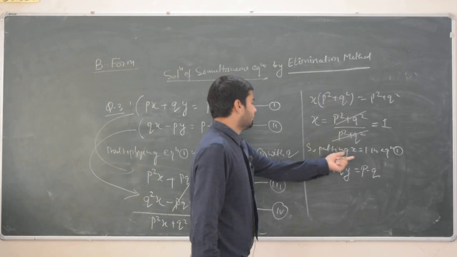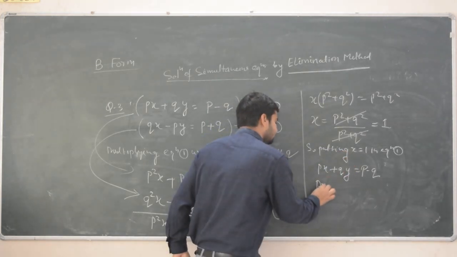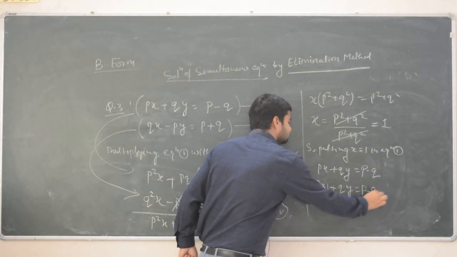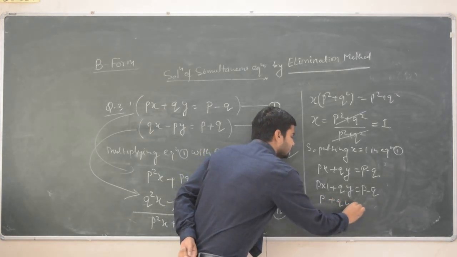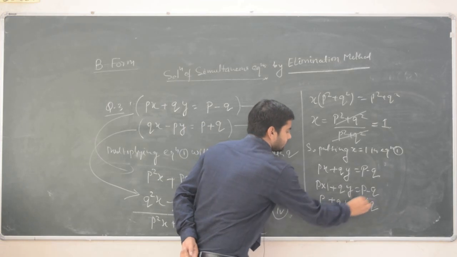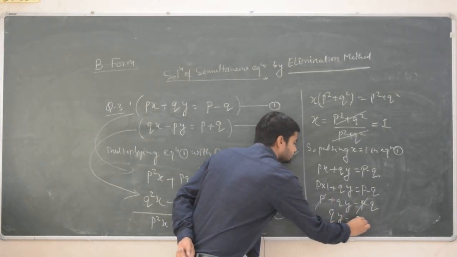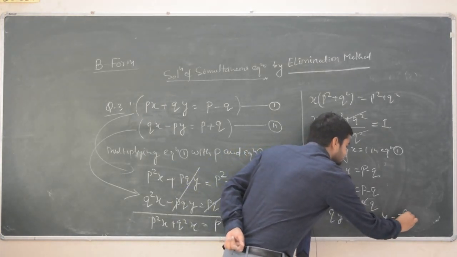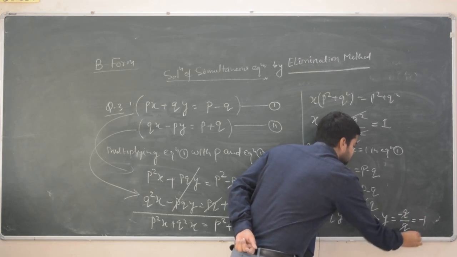The value of x is 1, so p into 1 plus qy equal to p minus q. Positive p gets cancelled out, and we get qy equal to minus q, so y equals minus q divided by q, which is minus 1.